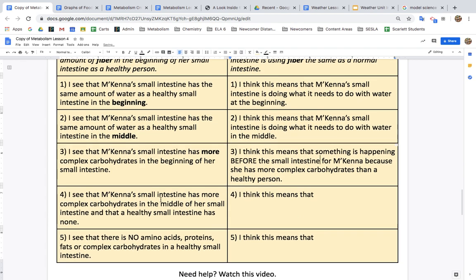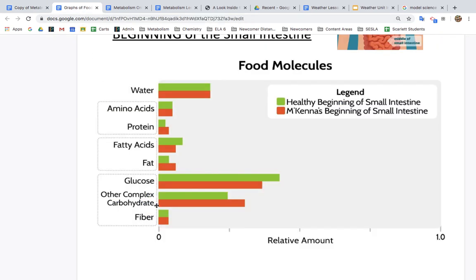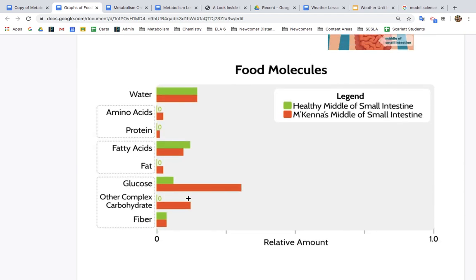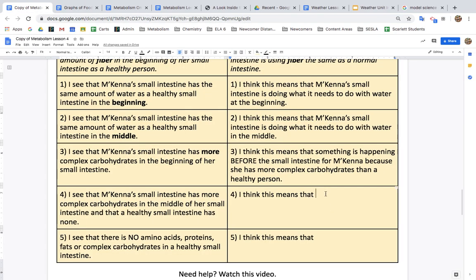Next, I see that McKenna's small intestine has more complex carbohydrates in the middle of her small intestine and that a healthy small intestine has none. So we're in the middle of her small intestine, and we saw that she definitely had complex carbohydrates, but that the healthy small intestine has none. What do you think that means?